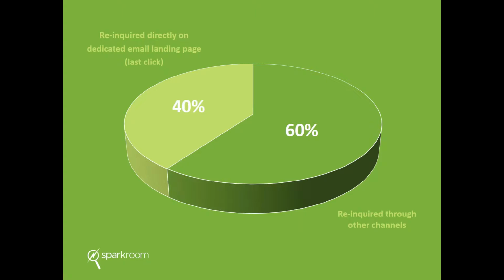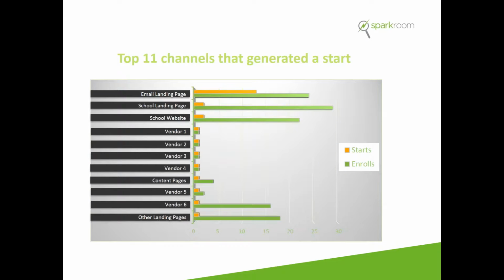But the reality is that 60% of those who became students who saw the email, who became inquiries, again, re-inquiries, who saw the email, came in through other channels again. And these are the channels that they came from, right? So yes, the email landing page resulted in most starts, right, and enrolls, as we should expect, because somebody who we ignite their interest again, and they were ready to reply.